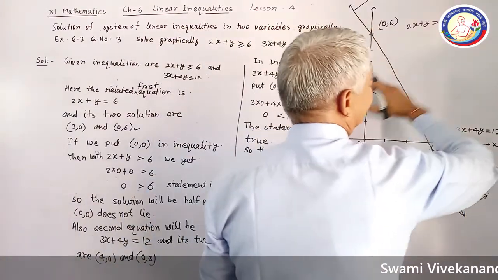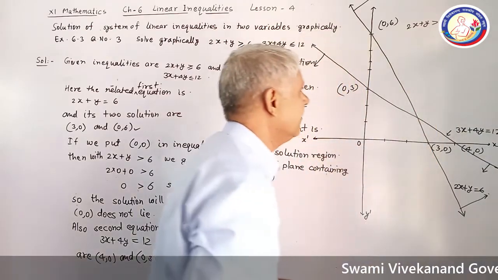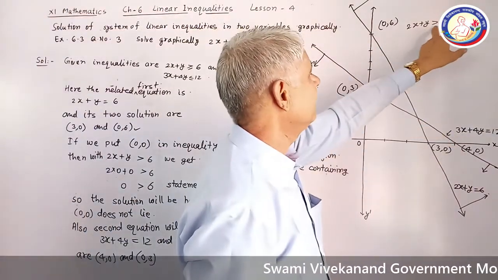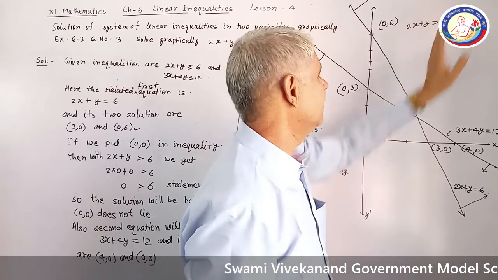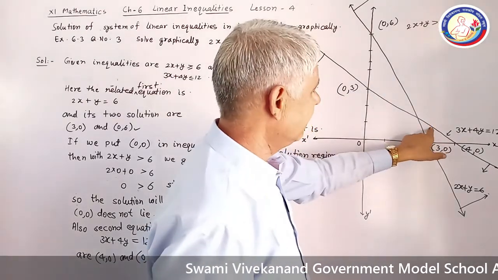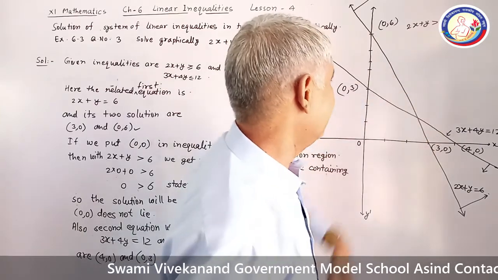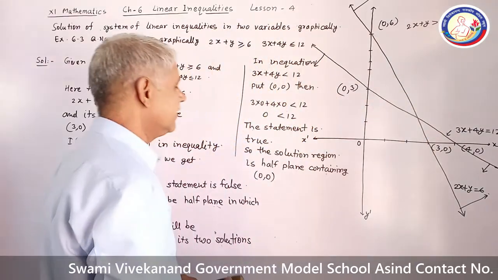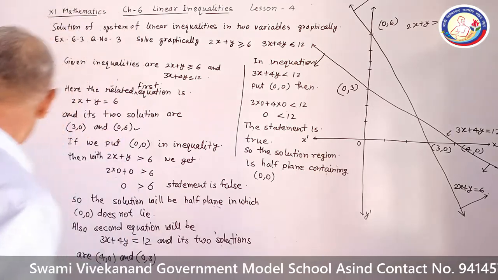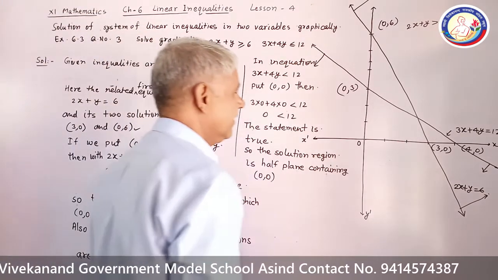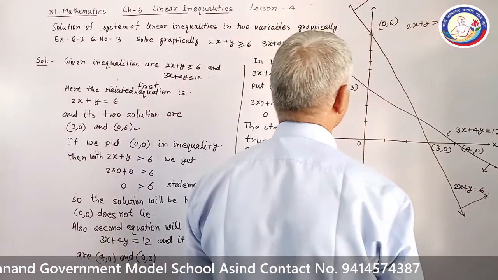So this whole area and this line will be the solution of this inequation 2x plus y is greater than or equal to 6. And this line as well as the plane, lower half plane will be the solution. What is the intersection of these two? This will be common solution, and it is the solution of the system of lines.